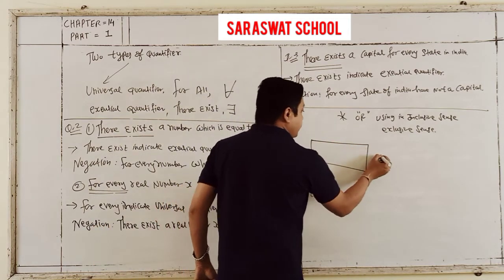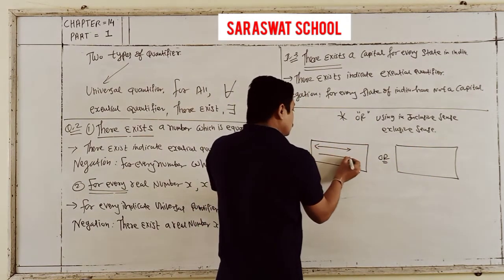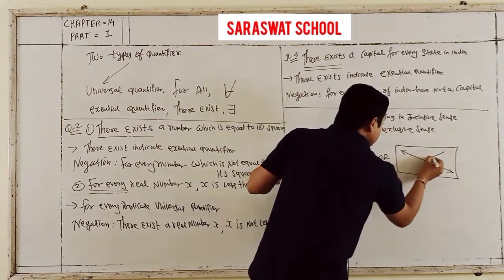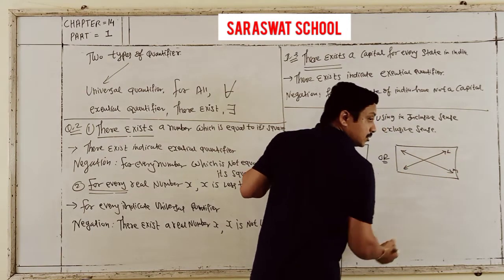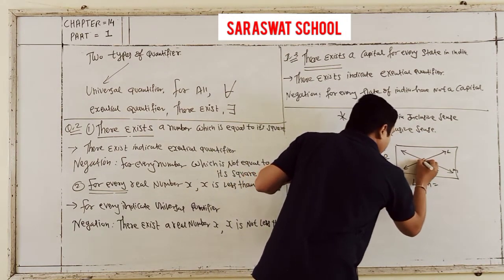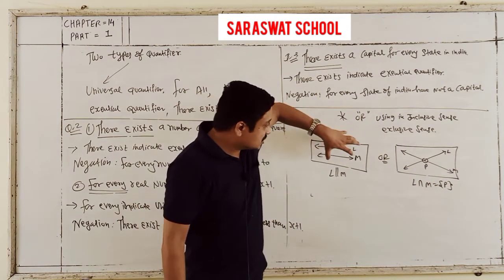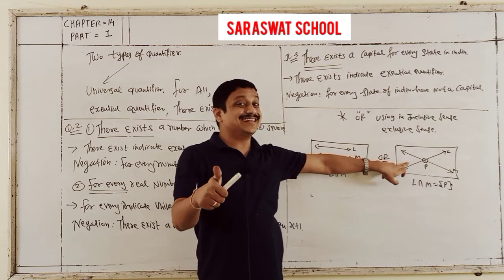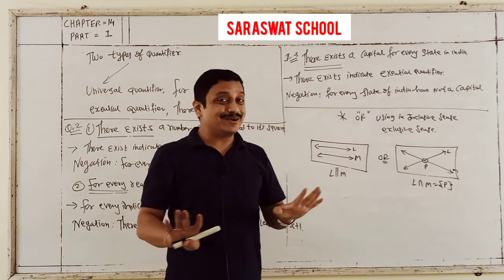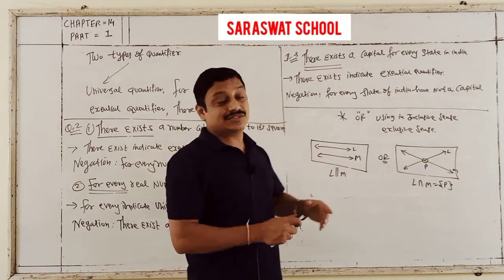Consider, in the same plane, either two lines L and M are parallel, or two lines L and M intersect each other. So here L is parallel to M, or L intersects M at a point P. Students, in the same plane, if one is possible, then the other is not possible. If intersection is possible, then parallel is not possible. So if only one is true, then you can apply the exclusive sense.